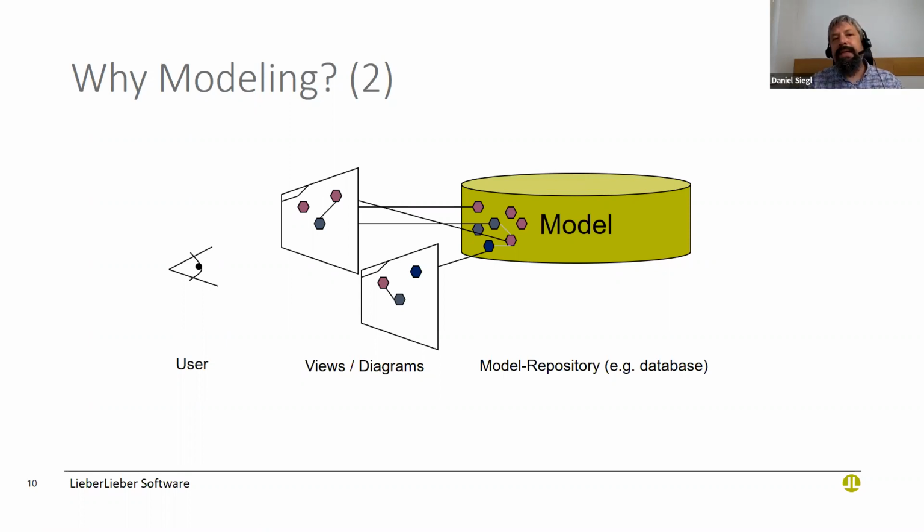So it's really key to understand from the very early beginning that a diagram is just a representation, one view. And if you delete an element from a diagram, it's not gone from the model. And this is really important to understand and always to remind yourself and remind your colleagues about this.